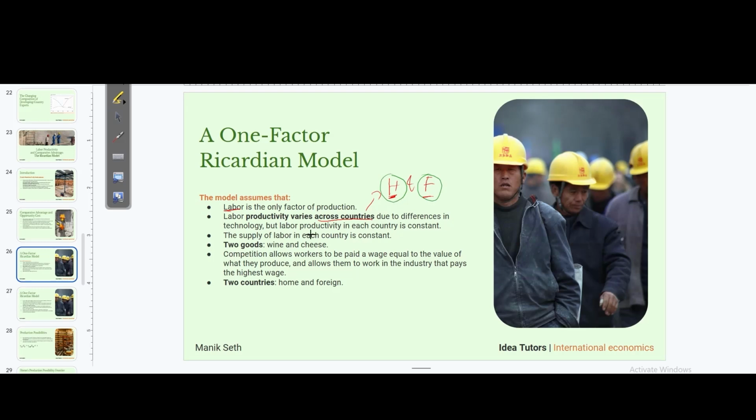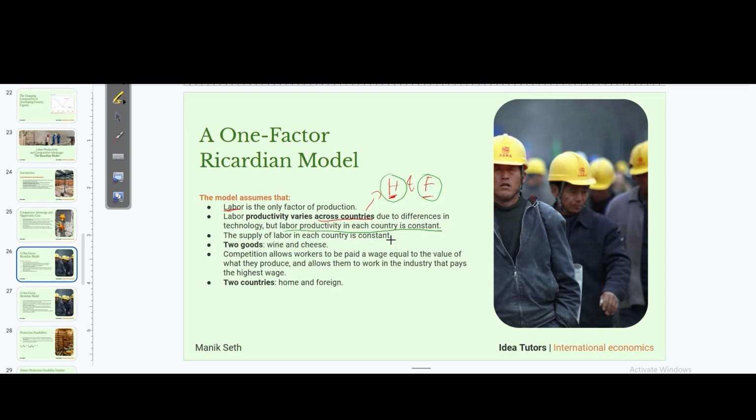But within the home country, the labor productivity is the same. If I have 100 laborers, then they are equally productive when we are talking about the home country. So within the country, there is no difference in the productivity of labor. Across countries, there is a difference in productivity.